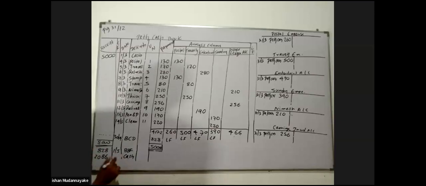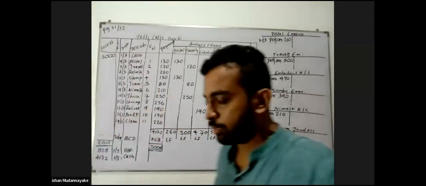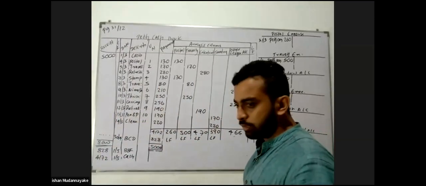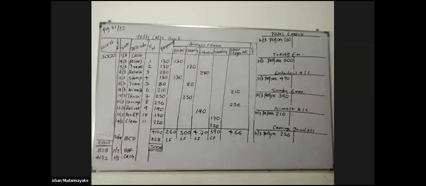Then here again 1st May cash 4,172. Okay, you can check the answer. The total amount is also incorrect. You check the answer, Inuki.